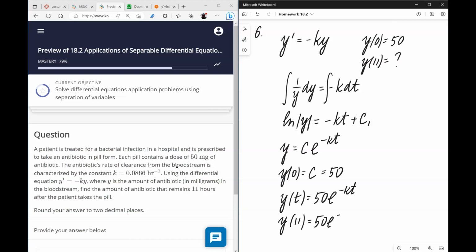And now we can use the fact that k is equal to 0.0866 times 11.